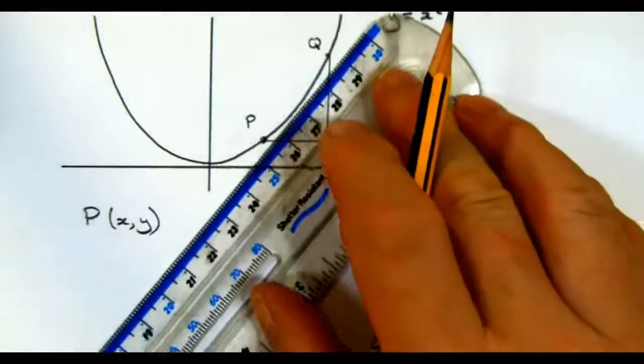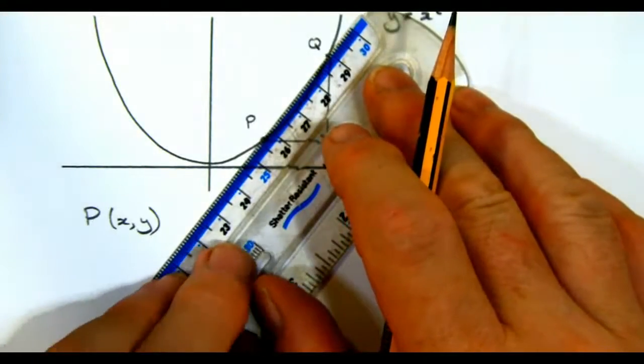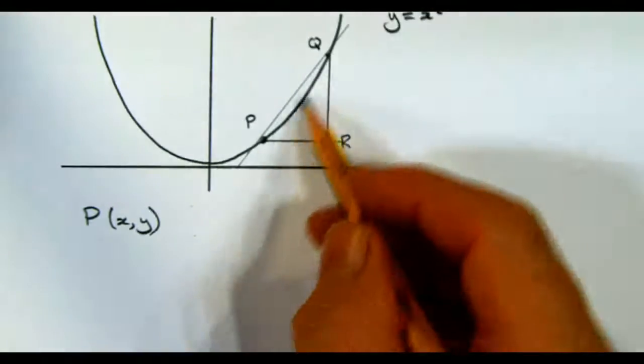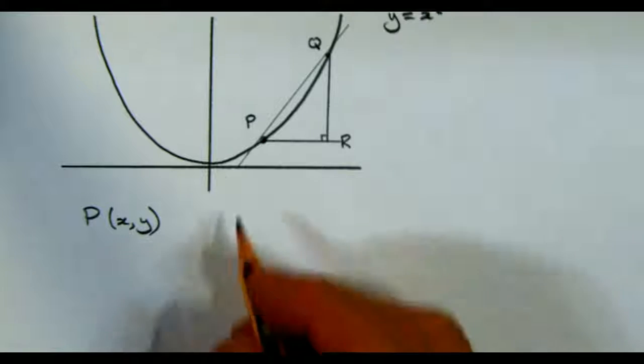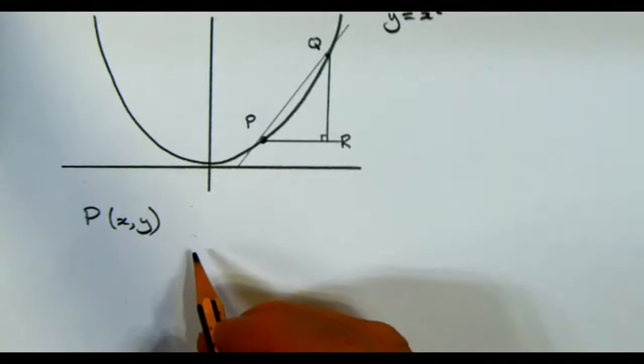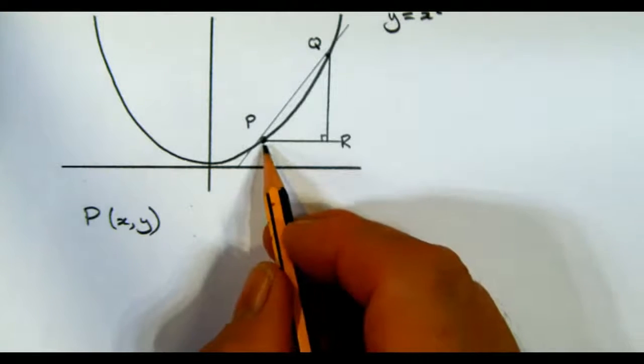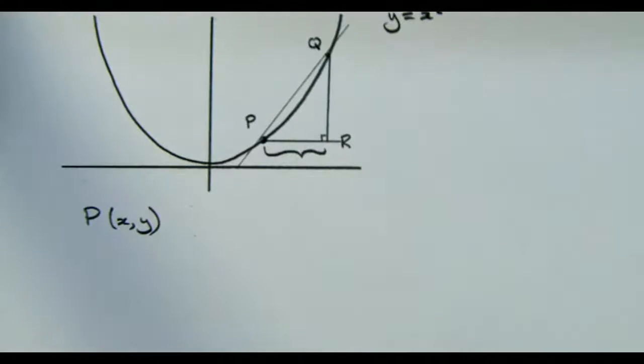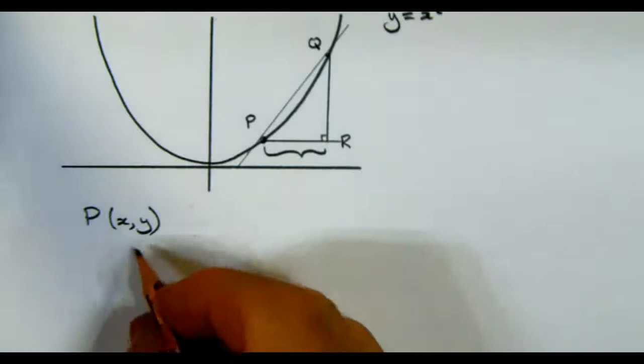We've got this line up here, and what we're going to do is bring Q towards P. We're going to basically look at this point here.